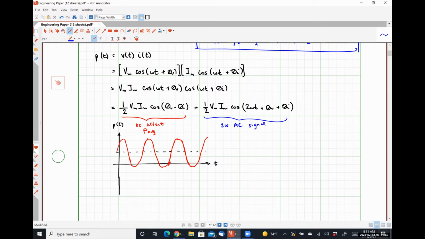Operating at twice our angular frequency over voltage and current. All right, so what do these portions where our instantaneous power signal dips below the horizontal axis represent?